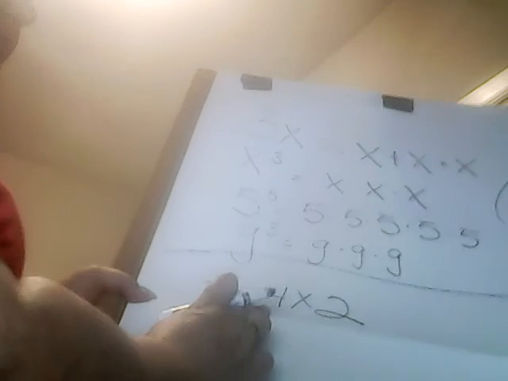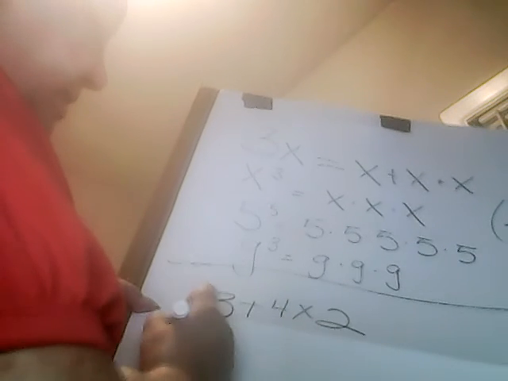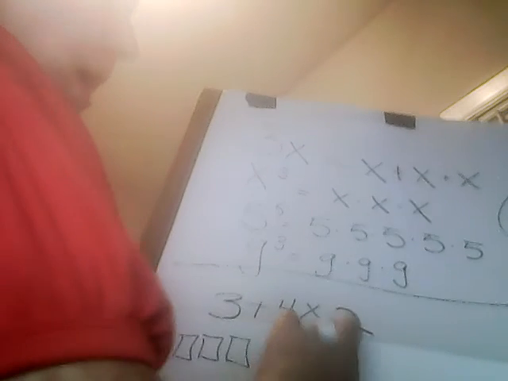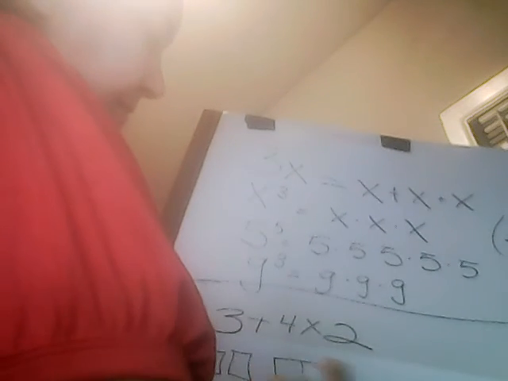Okay, let's try to separate it. 3 plus 4 times 2. Now, if we were to draw this expression out, we would see 3, and let's make this one.